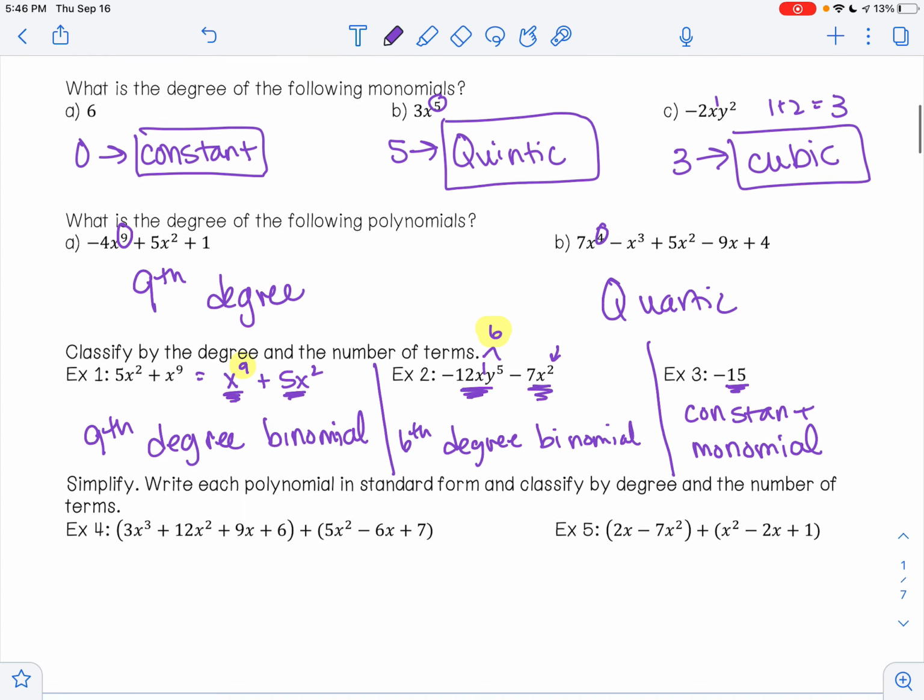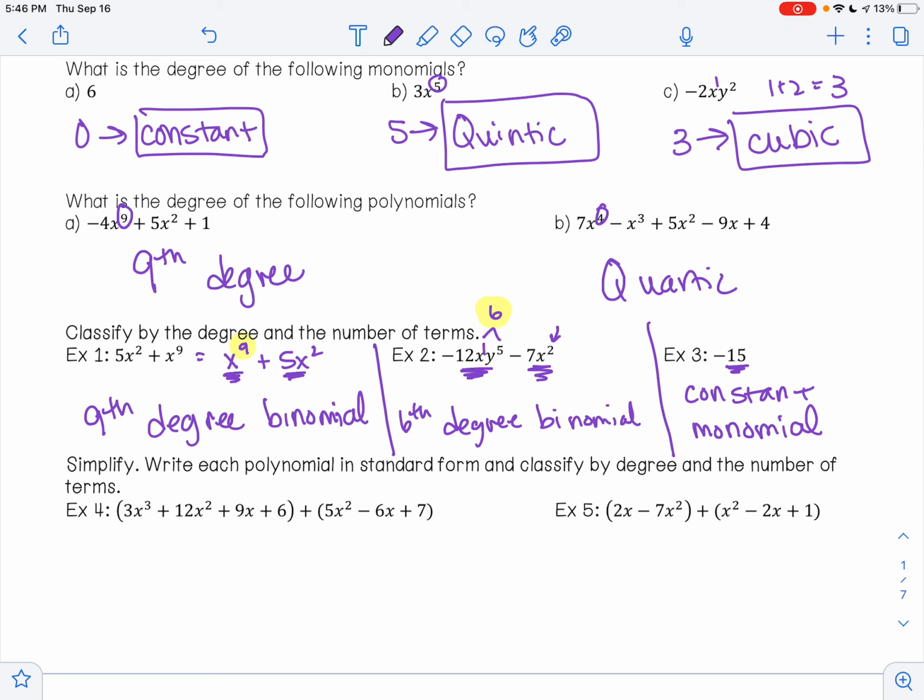The next two problems say simplify, write each polynomial in standard form, and then classify by the degree and the number of terms. If I look at example 4, I can see that I am adding. When you are adding, you are combining like terms. I can see that 3x cubed doesn't have a like term, so I'm just going to go ahead and bring that one down. 12x squared plus 5x squared is 17x squared. 9x minus 6x is 3x.